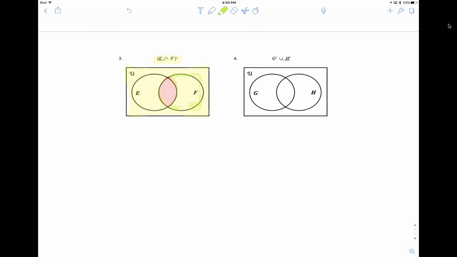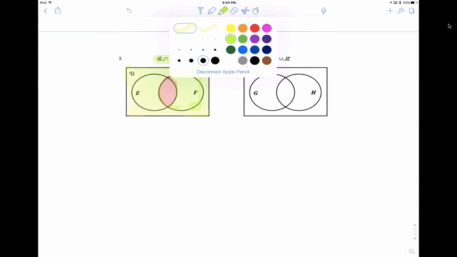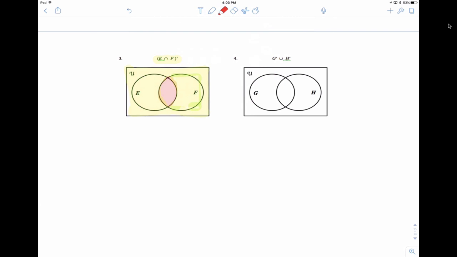Same idea over here with not G unioned, this time with not H, G complement, union, H complement. Let's start with the not G and the not H. And I'll start with maybe the red.